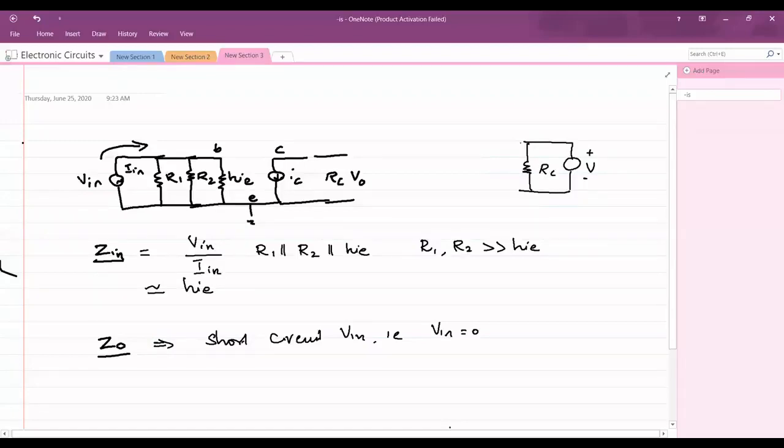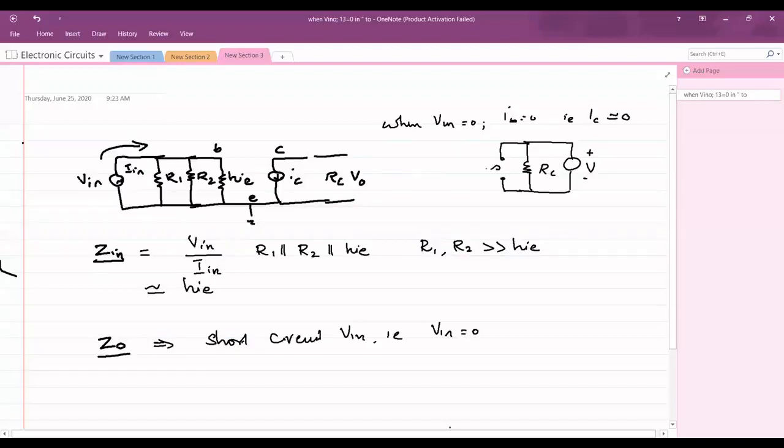Then there is a current source. For simplification, I assume that when VIN is equal to 0, the base current becomes 0, so the collector current also will be equal to 0.